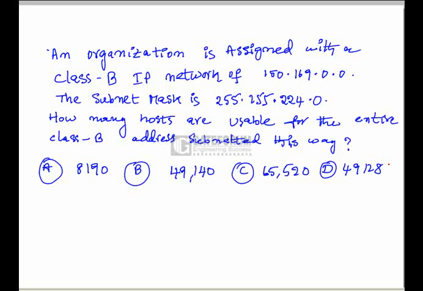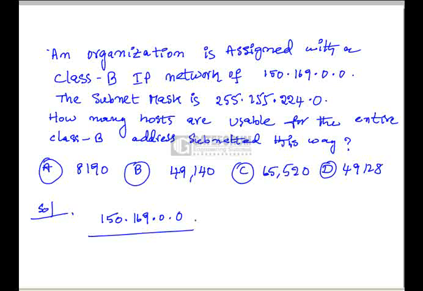An organization is assigned a class B IP network of 150.169.0.0. The subnet mask is 255.255.224.0. How many hosts are usable for the entire class B address subnetted this way? So here 150.169.0.0 is a class B network address.